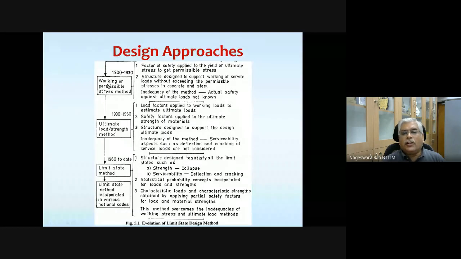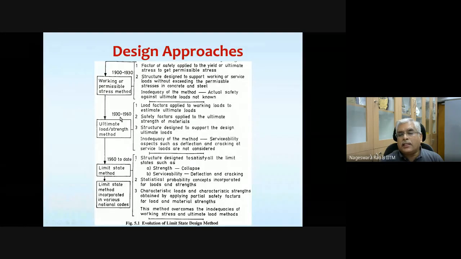Initially, between 1900 and 1930, the design approach was the working stress or permissible stress method. We'll see some of the points related to that method, which are given here.